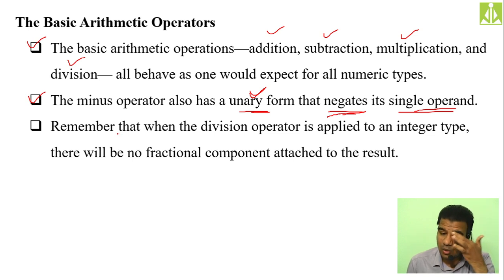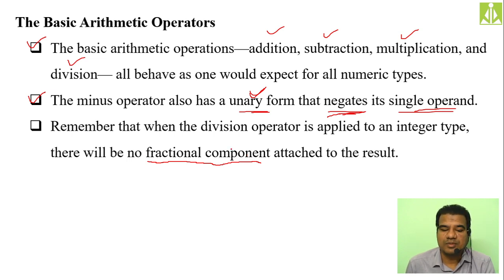Then, the division operation must be applied only to integers. We cannot apply the division operation to real numbers. You have to remember that. If a particular number has a fractional part or fractional component, the result will be unknown, or you will get some weird result.